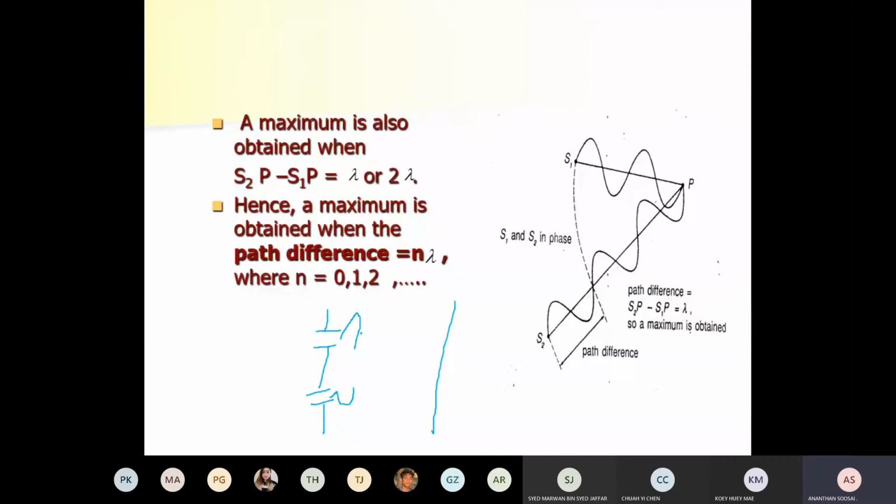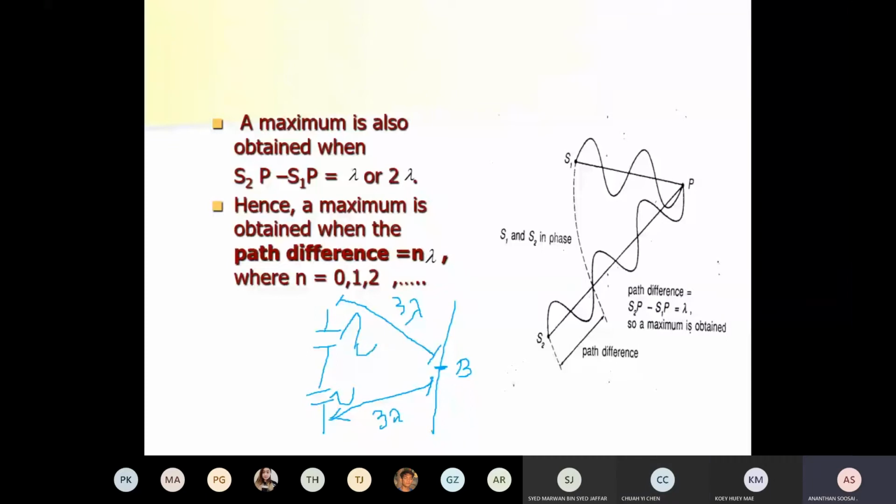If these two are coherent, and this starts with a crest and this starts with a trough, when they come to the center, is it going to be bright or dark at the center? At the center, what is the path difference? Let's say this travels 3 lambda, this also will travel 3 lambda, right?